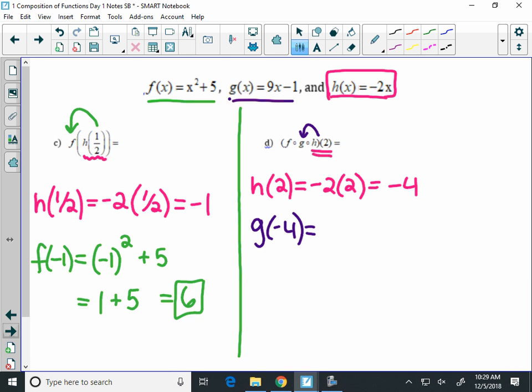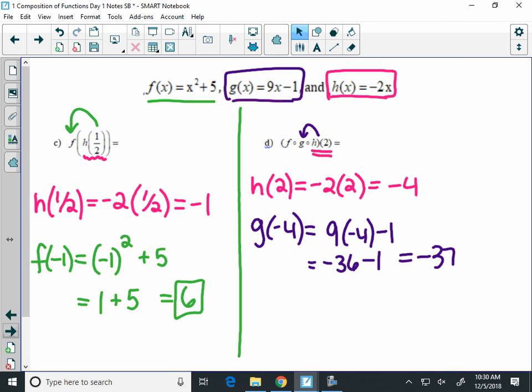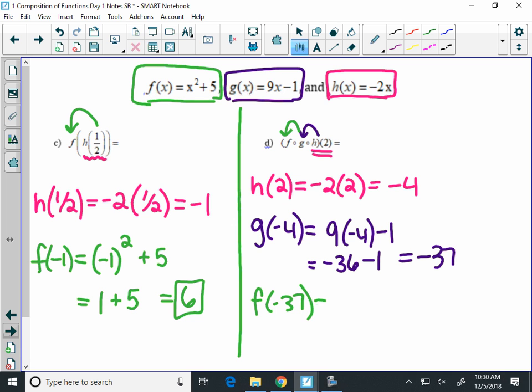When I put negative 4 into g, I have 9 times negative 4 minus 1. Well, that gives me negative 36 minus 1, which is negative 37. All right, but we're still not done. I have to take that negative 37 and put it into the function to the left, which is f. So you're finding f of negative 37.